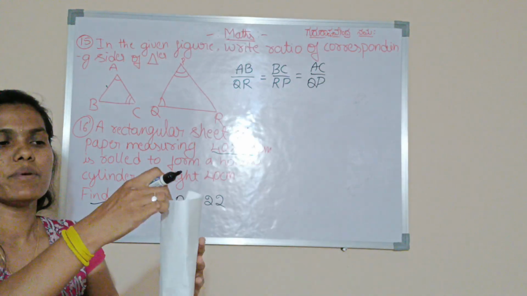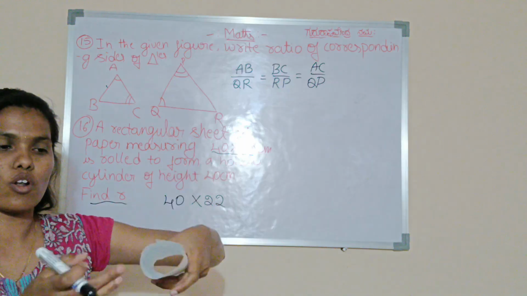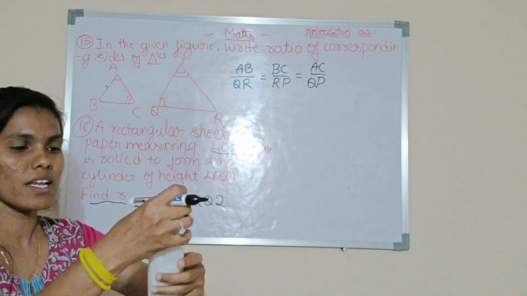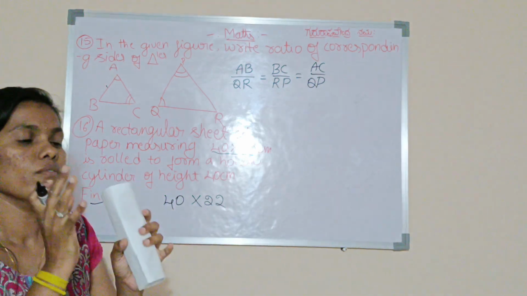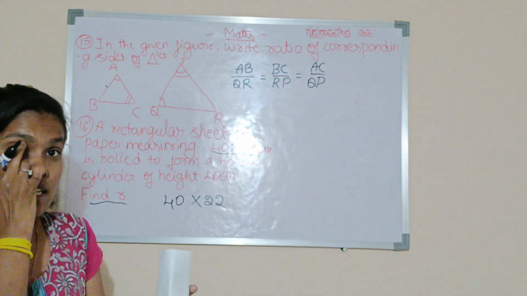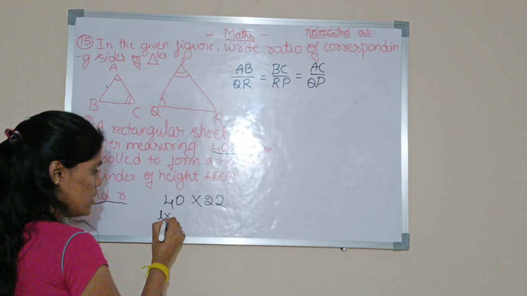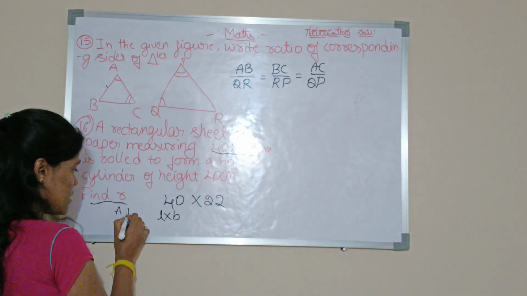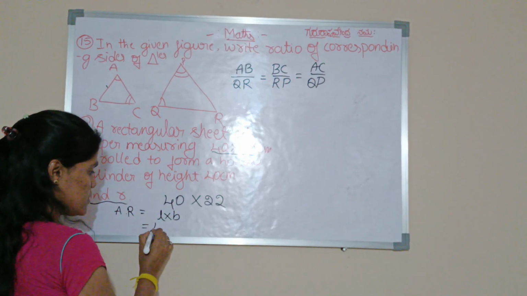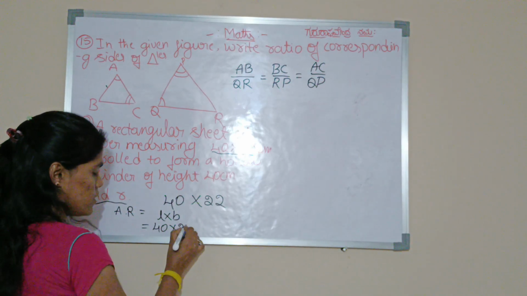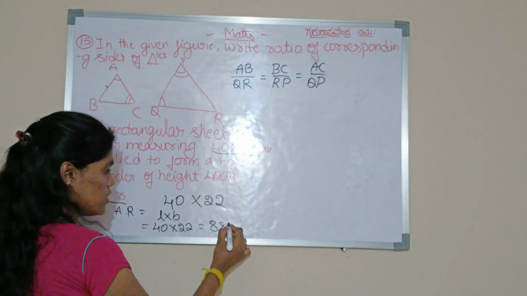First, this is a rectangular sheet. I am making a hollow cylinder. Hollow means empty, nothing inside. We have to find the curved surface area using that sheet, that is L into B. Area of a rectangle is L into B, that is 40 into 20, which is 800.